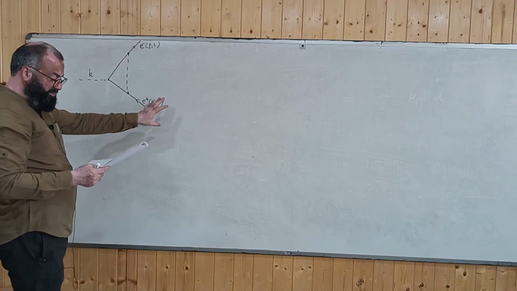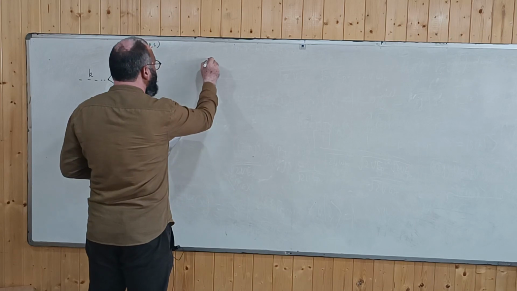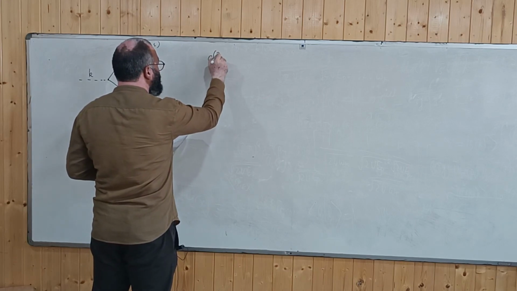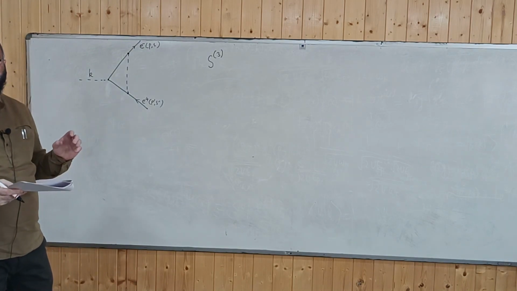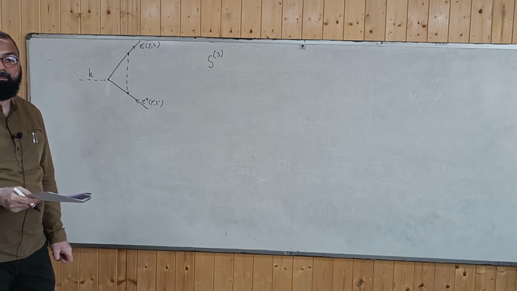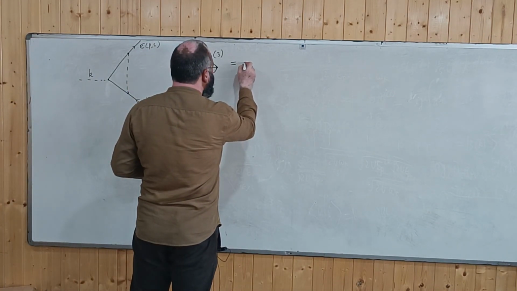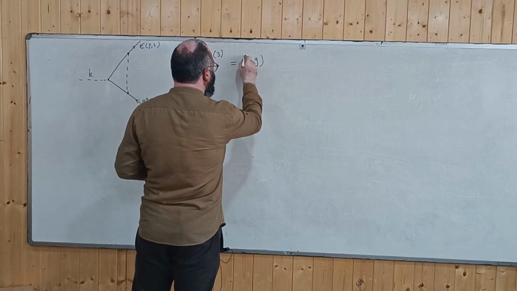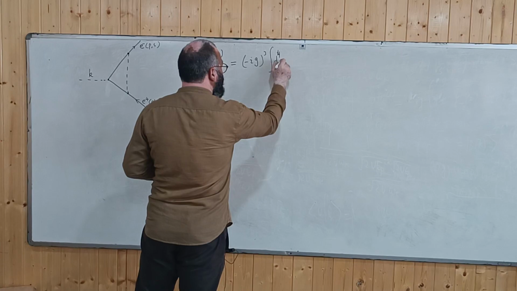Let me write what we have done. So this is our S, let me write it as S3, because the non-trivial contribution comes at the third order of perturbation theory. So what is that equal to? If you remember, it is something like (ig)^3, integration over d^4x1, d^4x2, d^4x3.